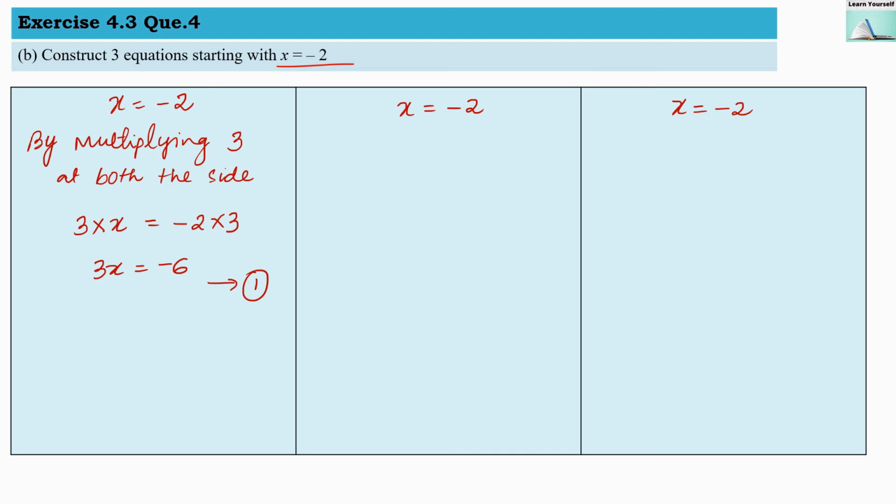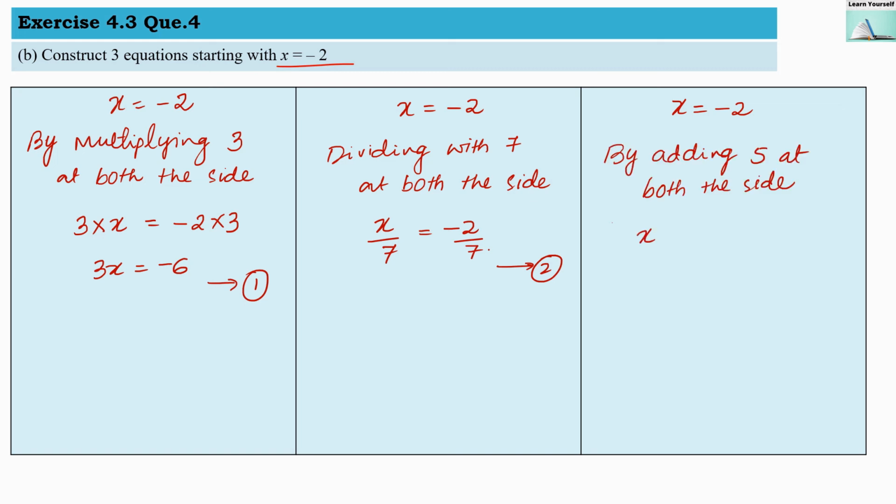In the second equation, I am going to divide. So dividing with 7 at both the sides, I will get x divided by 7 equals minus 2 divided by 7. So this is going to be my second equation. Now here I am going to add and subtract, two operations I am going to perform to frame this third equation. So let us first add. So x plus 5 equals minus 2 plus 5.